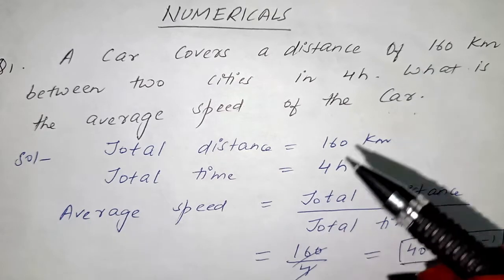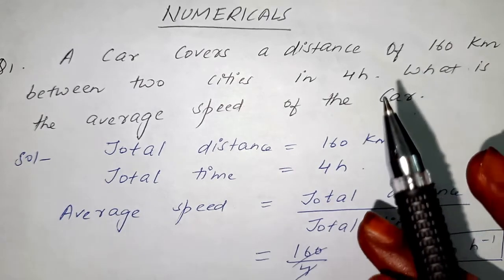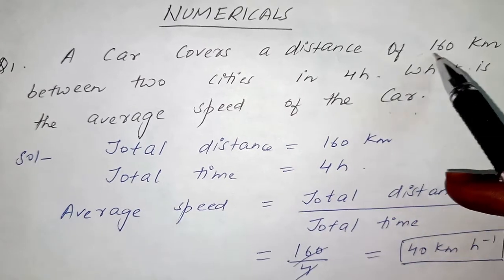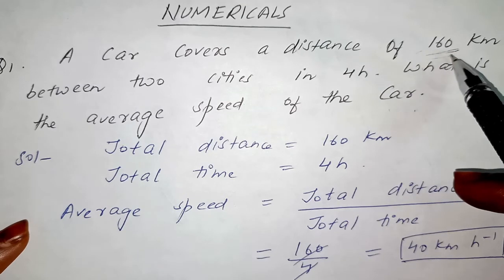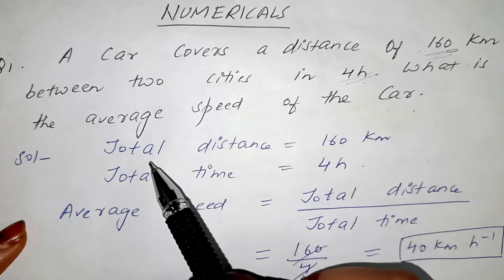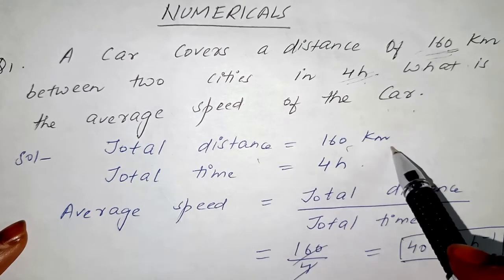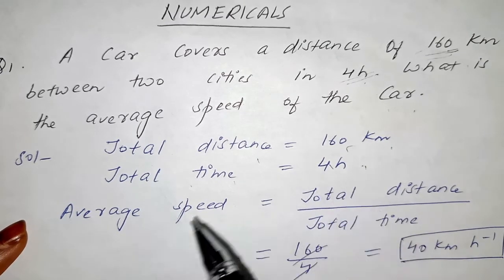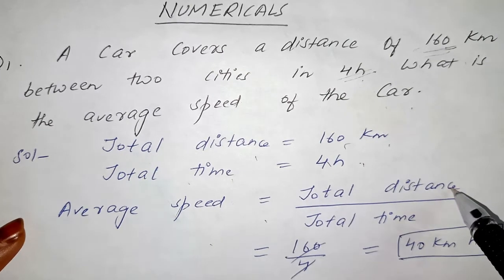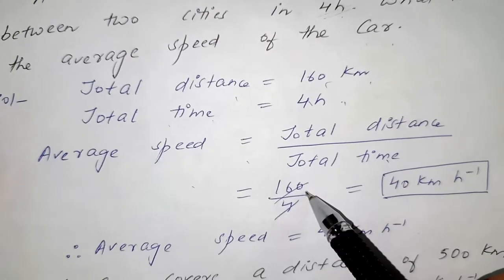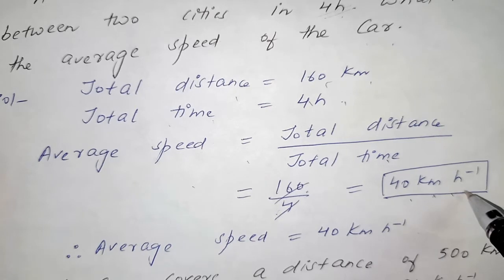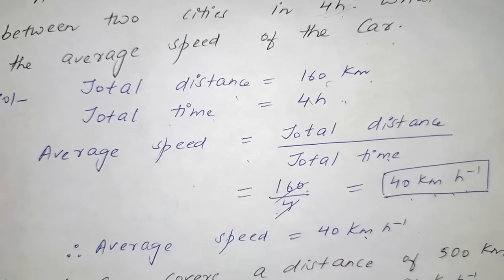This is the trick for solving numerical problems. First of all, we write the details already given in the question: total distance 160 km, total time 4 hours. The formula of average speed: average speed is equal to total distance by total time, that is 160 divided by 4, which is equal to 40 km per hour. So the answer is 40 km per hour.